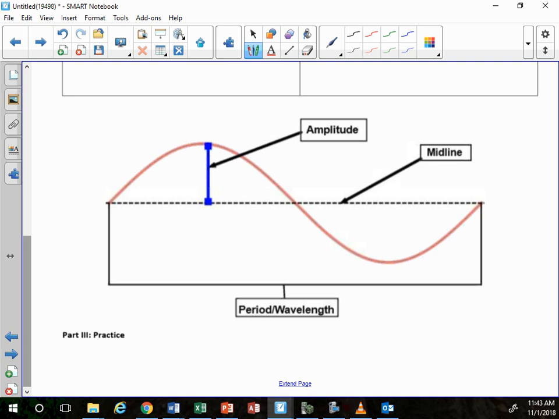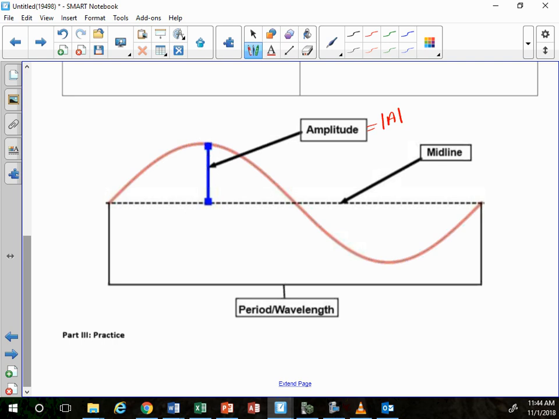All right, so these are some of the terms that we're going to talk about with our graphs. Amplitude is the distance from the midline to the top of your graph. It's like half of the range or half of the height of your graph, okay? From your equation, the amplitude is always equal to the absolute value of A. What do you think the midline is?